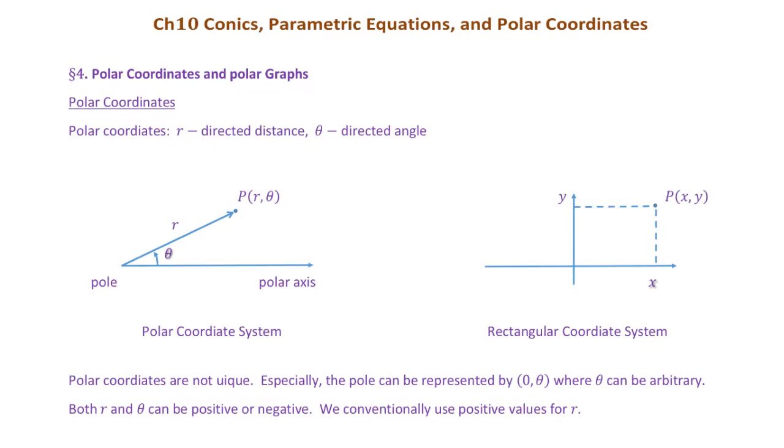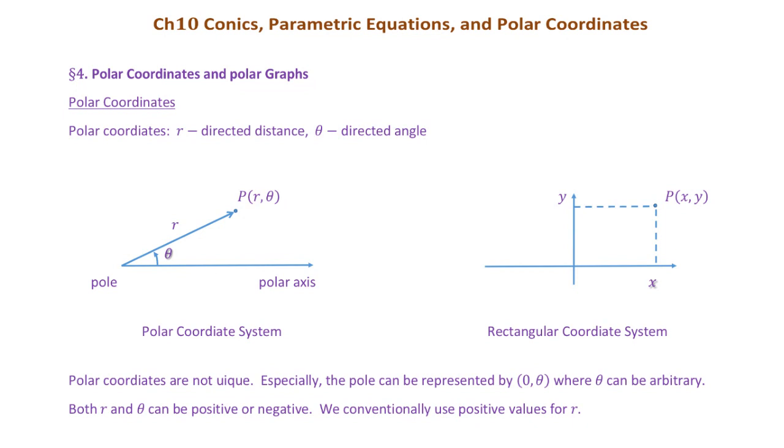And then what you do is measure the distance between the pole and the point P we want to locate. And we call that r. We call it directed distance because r can be defined negative, as we're going to talk about later.